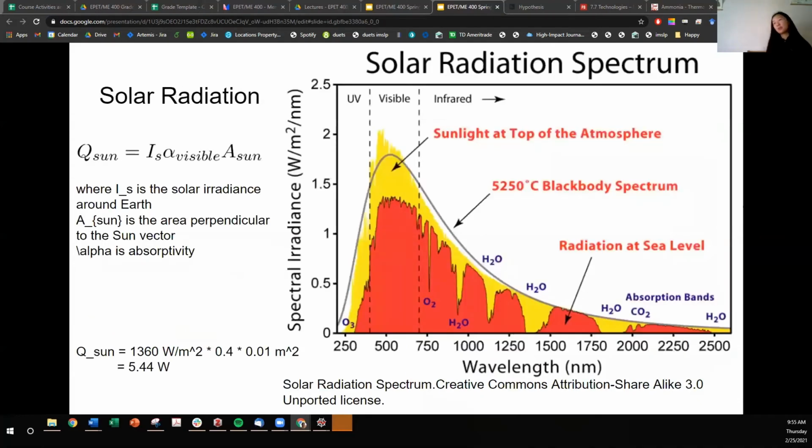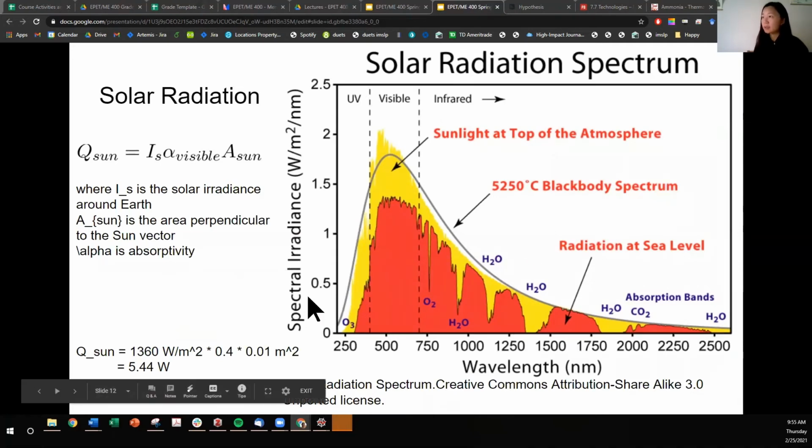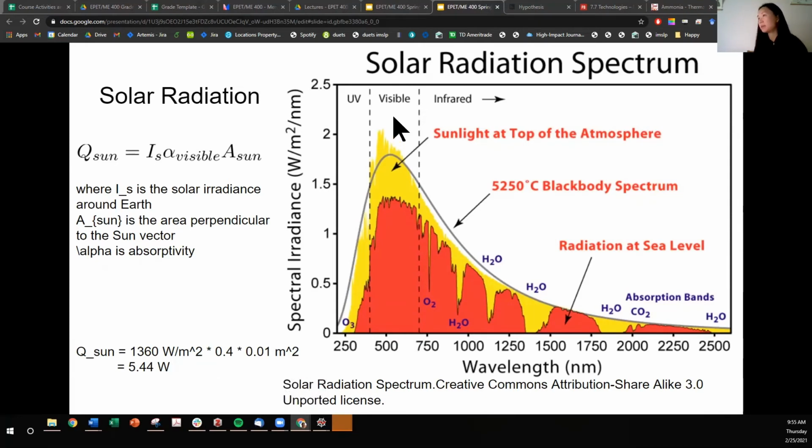When it comes to the heat absorbed by the spacecraft, solar is one of them. Here we have the spectral irradiance of the sun at different wavelengths. We're going to take the visible as the dominant effect. So I_S is the solar irradiance around the Earth, the peak value there.